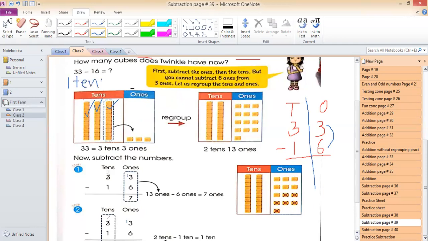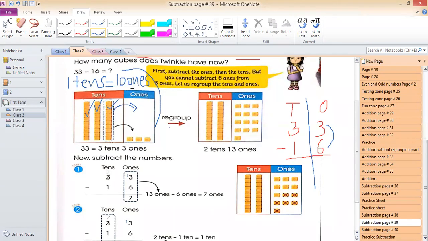So you will break this 10 into ones. You will send 1 ten to the ones. So this 10 plus 3 will make 13.